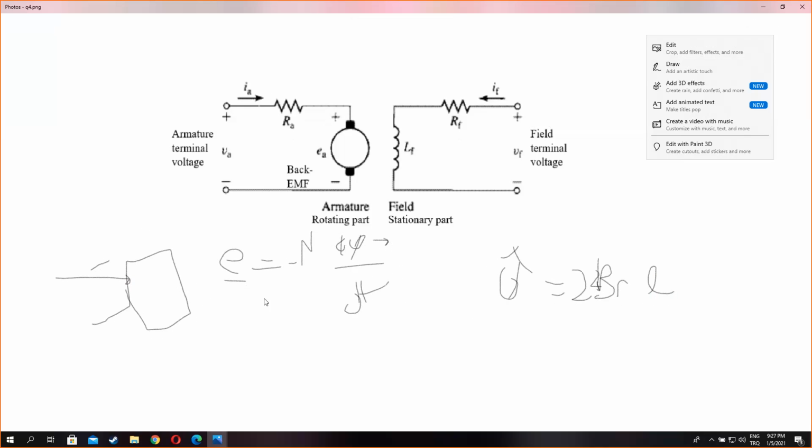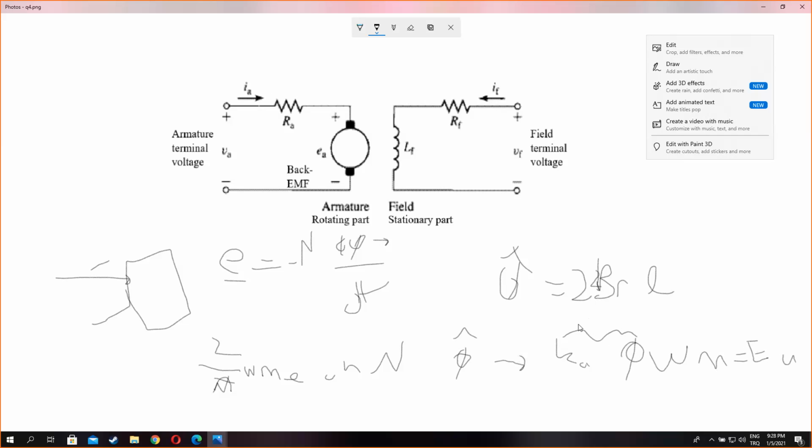So when we look for the induced voltage, it is equal to 2n Vmax, sorry, 2n phi, and this can be written like k phi Vm. This is basically the induced voltage, and this part is the machine constant.